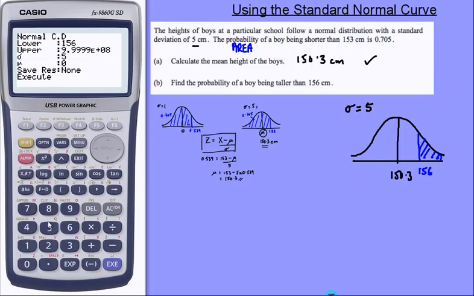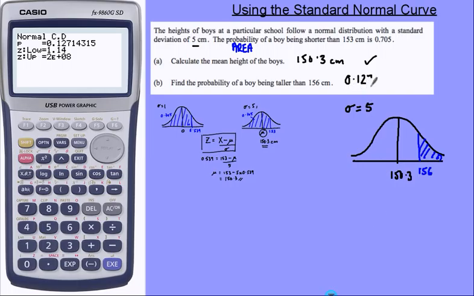Standard deviation, 5. Average, mean average, 150.3. Probability, 0.127. There's my answer. So my probability is 0.127, 12.7%, and I've done.